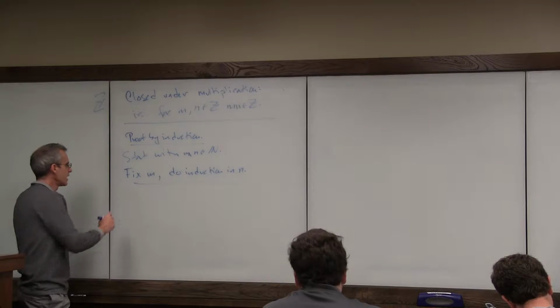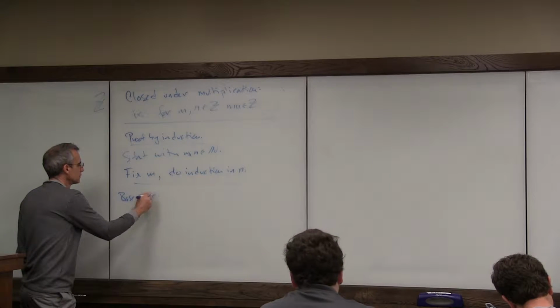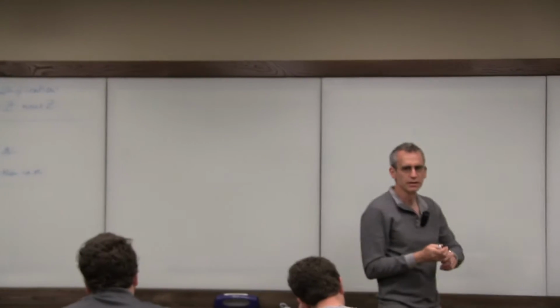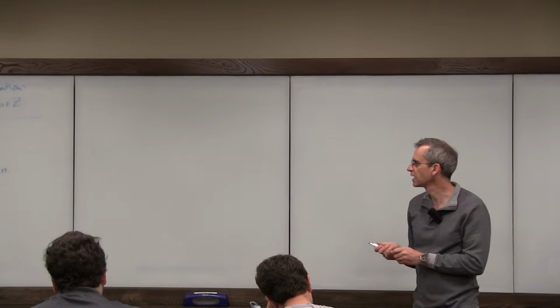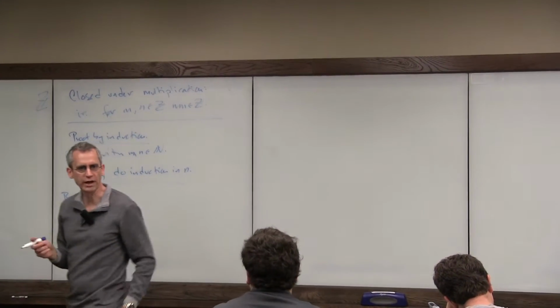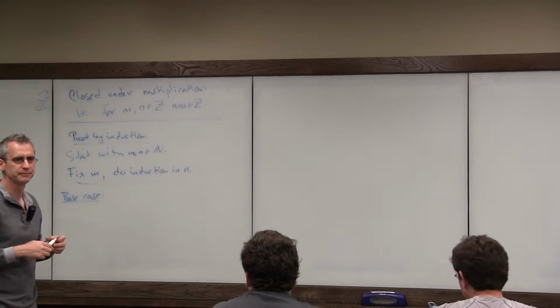So what would be the base case? All right, we've got two things. We've got our base case, and then we've got the inductive step. So what's our base case going to be if we're doing induction in n, and we're doing this for all natural numbers, we're not starting anywhere else? What's the base case going to be?